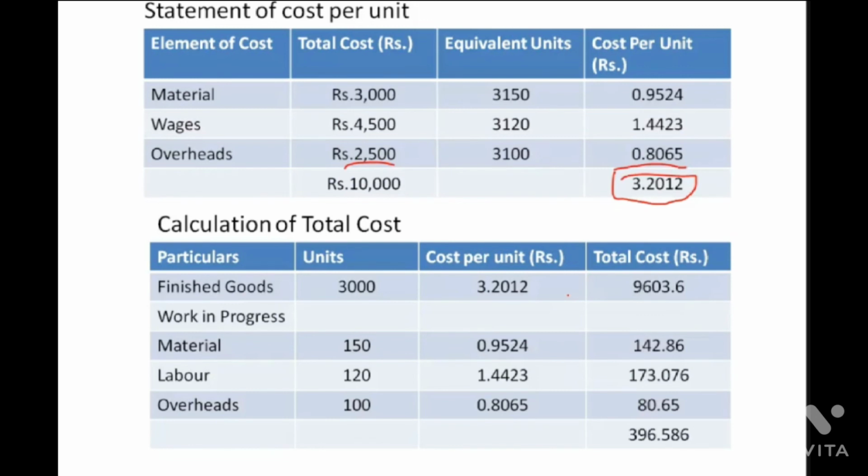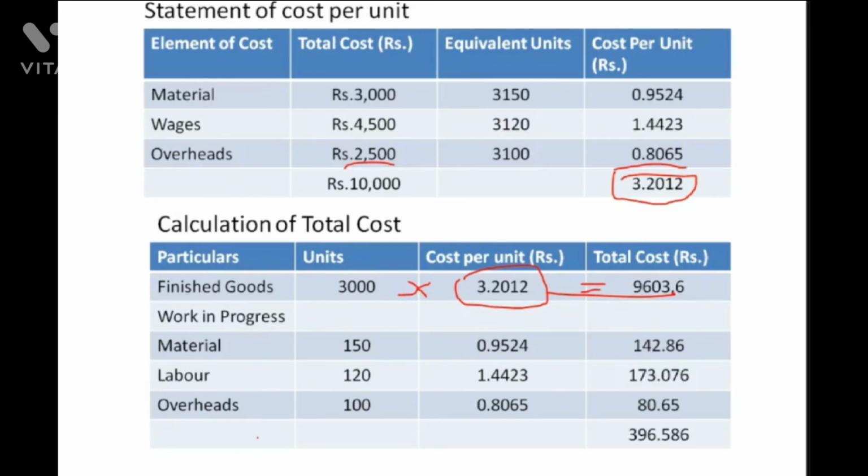So what is the total cost of finished goods? It is very easy: 3000 units multiplied by the cost per unit we calculated above, 3.2012, and this is the answer.